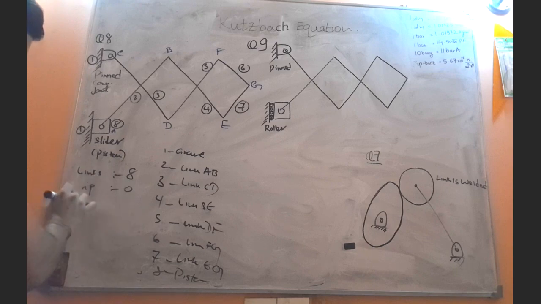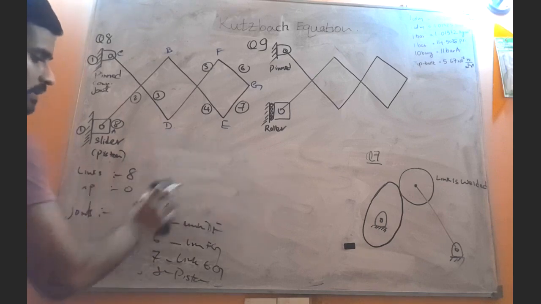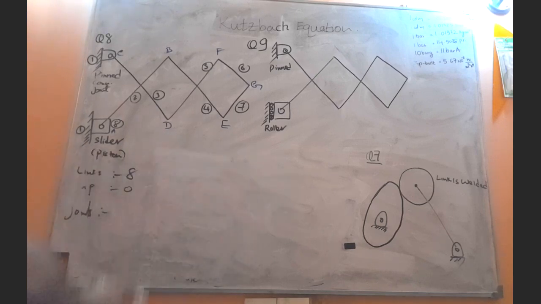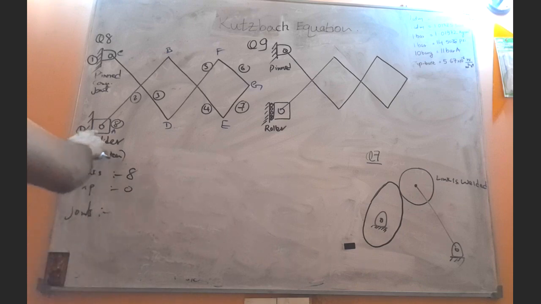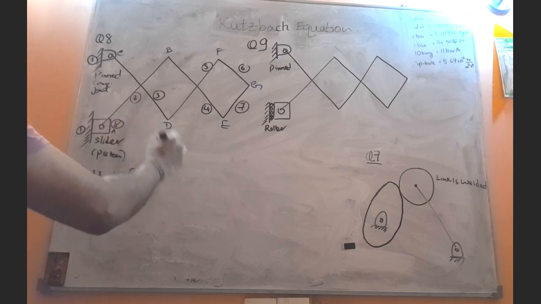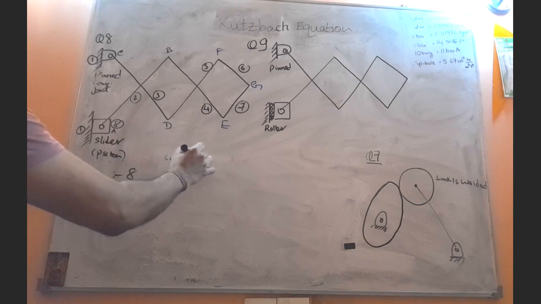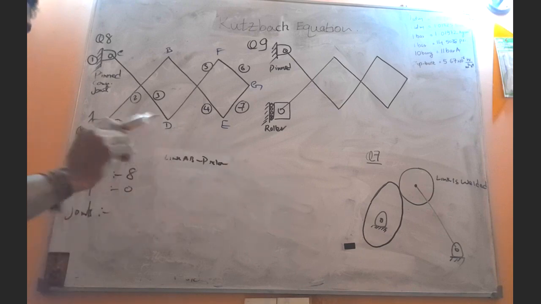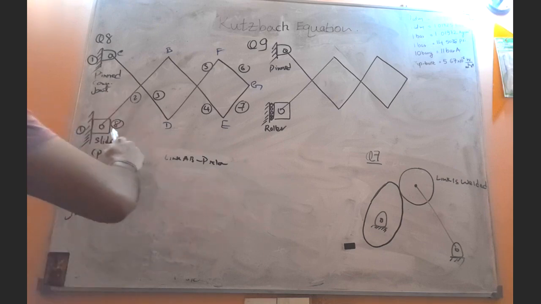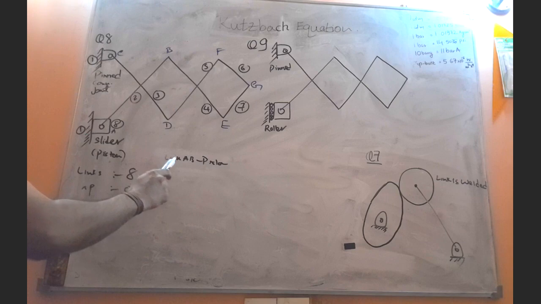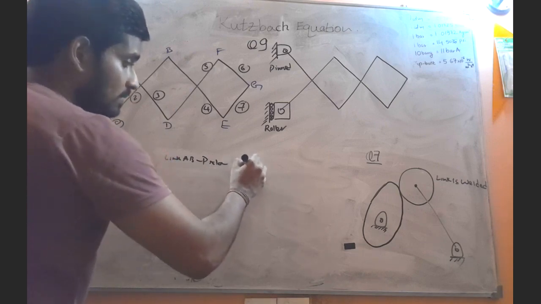And the next thing, the number of joints. Now carefully we have to calculate the number of joints. Here we have 2 joints. Why 2 joints? The first joint is the joint that connects the link AB with the piston, so that is joint number 1.